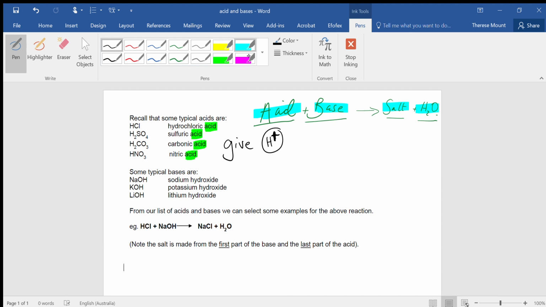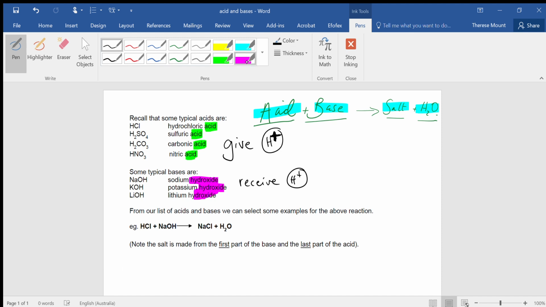Acids like to, it's called donating a hydrogen ion. Now bases, see how these all end with hydroxide? The main message is that they like to receive an H ion. So acids like to give away an H proton, an H ion, and bases like to receive one.